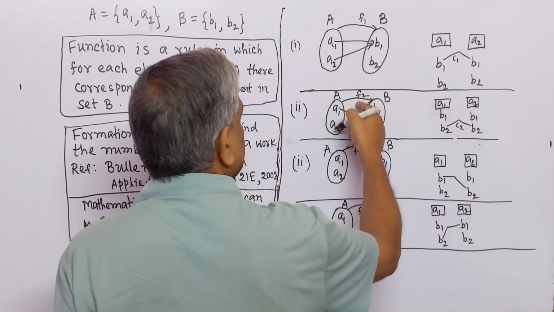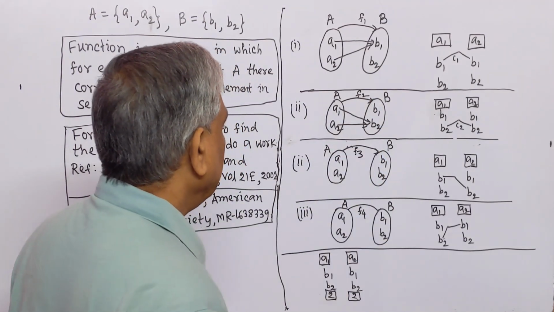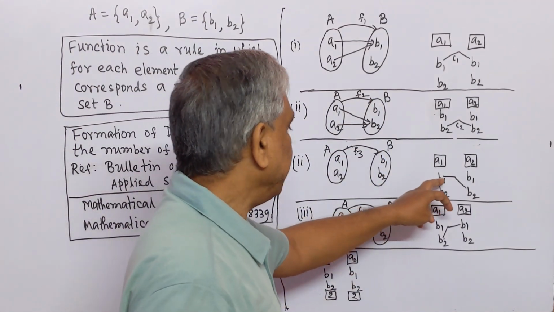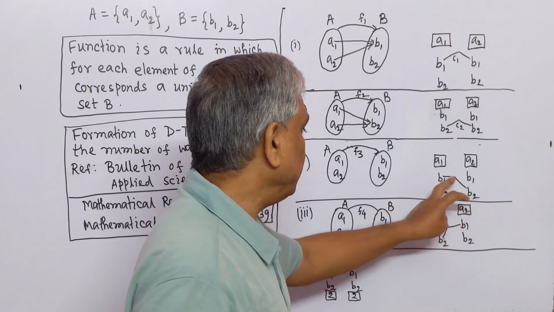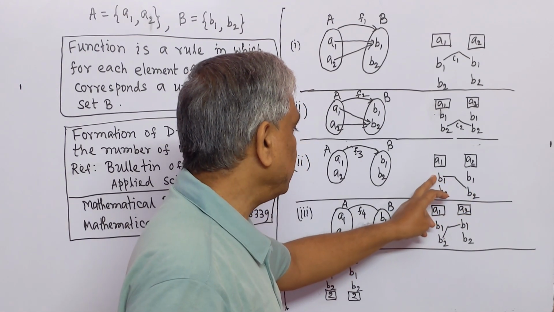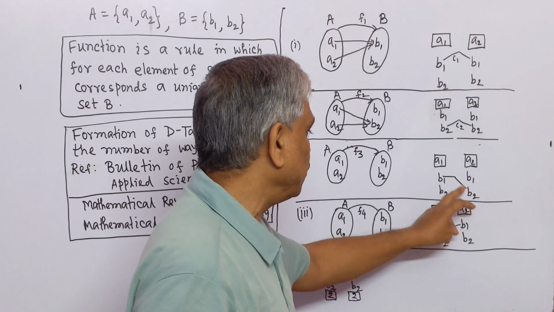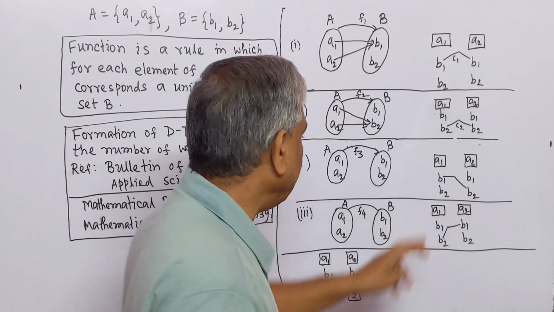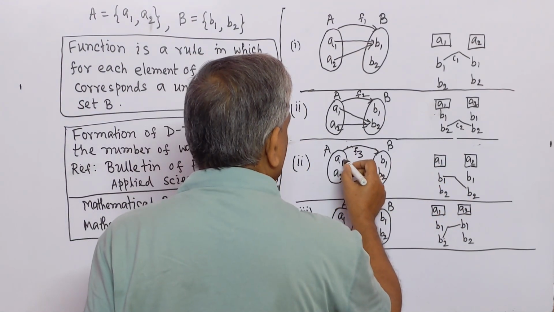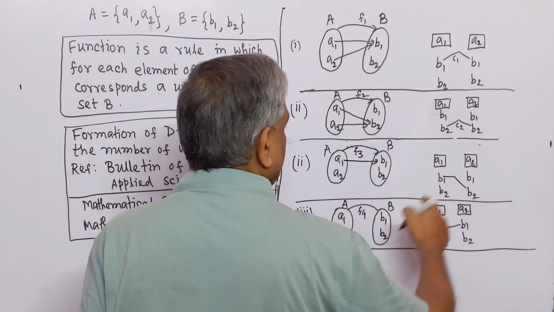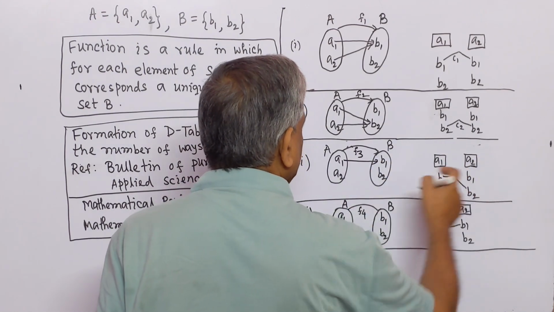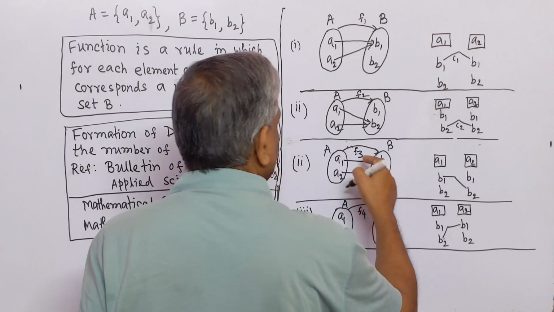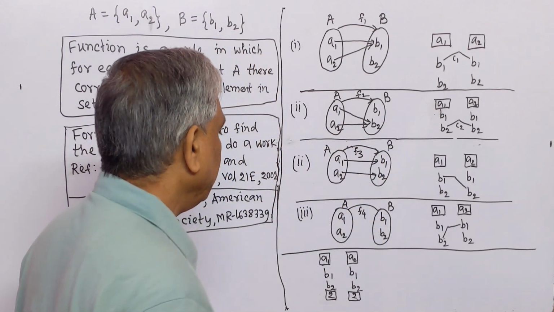This is another function, f2. Similarly, here we take another curve cutting one element of the first column and one element of the second column. Here the image of a1 is b1 and the image of a2 is b2. This is another function, f3.